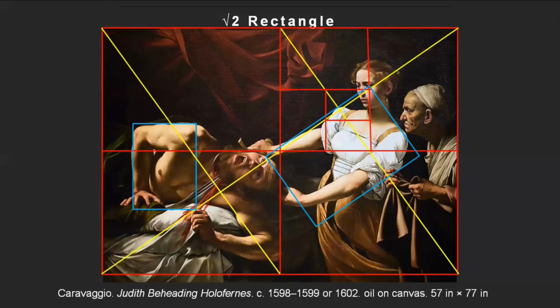This shape here, created by the right angle of Holofernes' bent arm, is the next smallest proportional size. These two heads are the next smallest proportional size, and this is the next smallest proportional size.